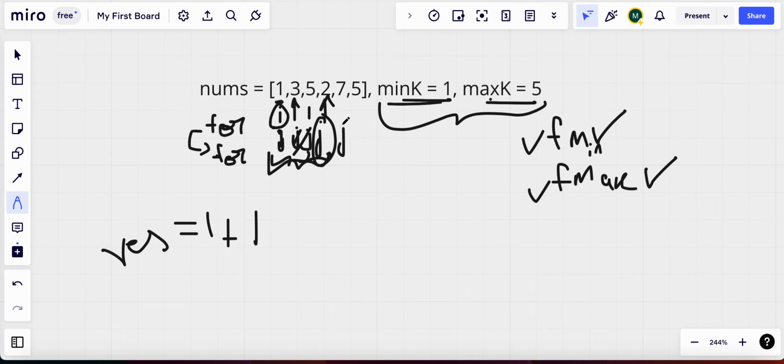Now we again increment the value of j, which points at this value here, which is 7, which has a maximum value greater than this max k.